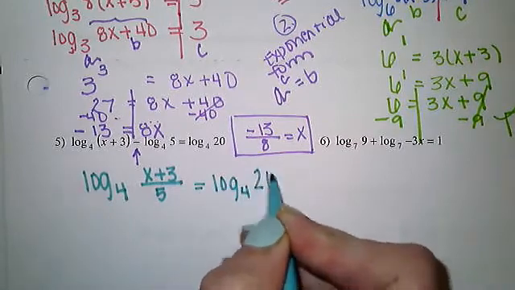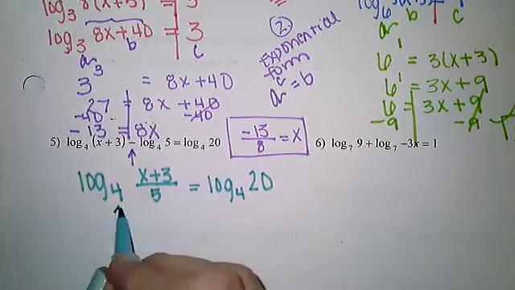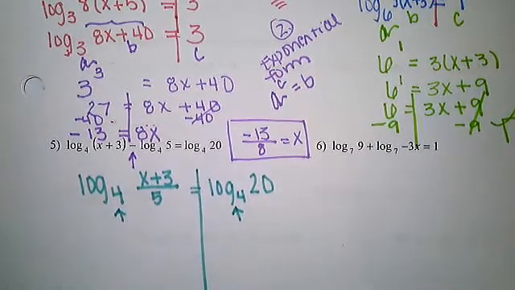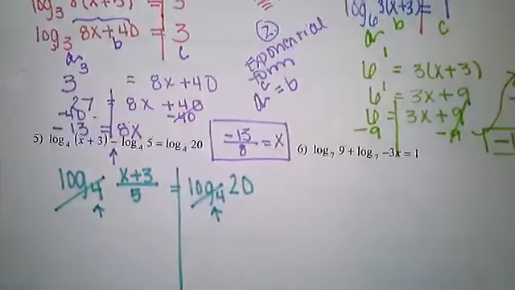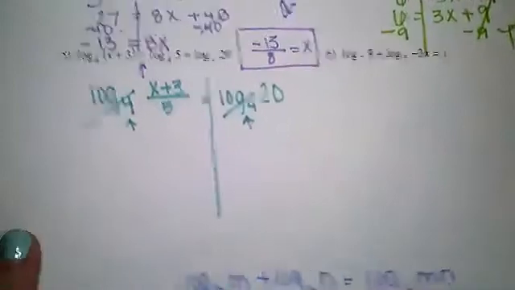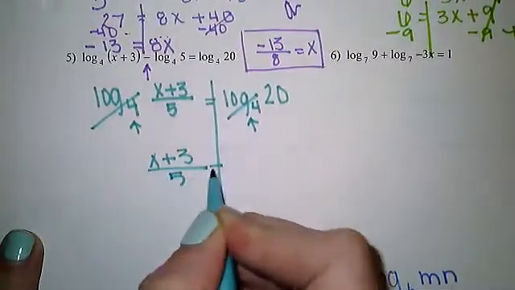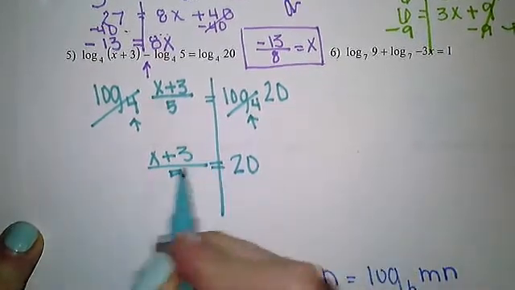So in this case, we have condensed our log. And now you might be looking at this one and notice that you have log base 4 on both sides of the equal sign. And now it is just like number 1 and 2. So since the logs are the same and they're on opposite sides of the equation, we can write x plus 3 over 5 equals 20 without the logs and solve for x.